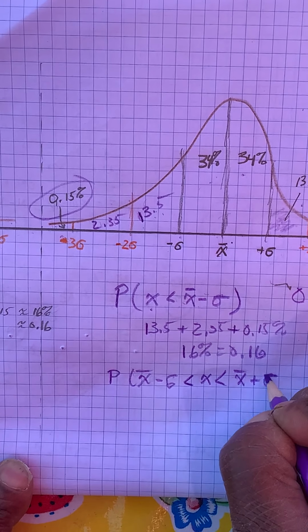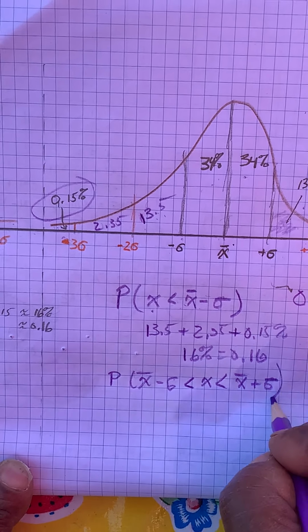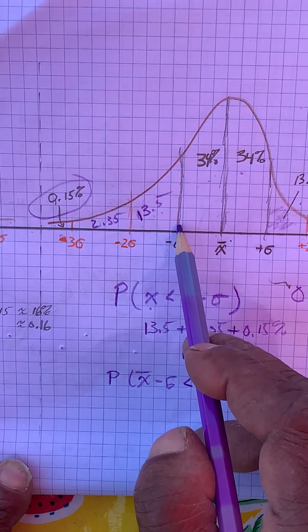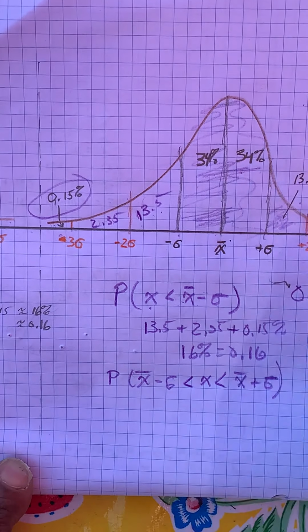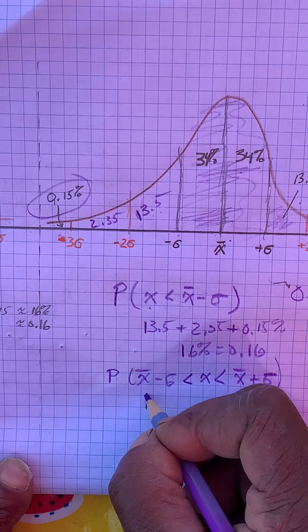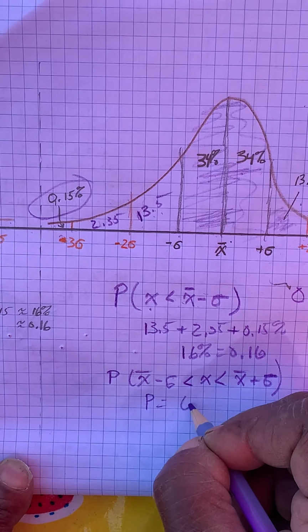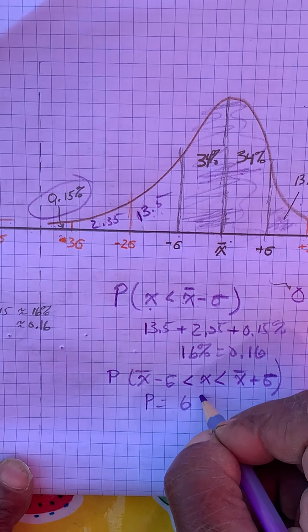Okay. So you can see that region is this region in here. And this region is 34 plus 34, so that probability is 68%, or 0.68. Okay, so that's using the distribution table.